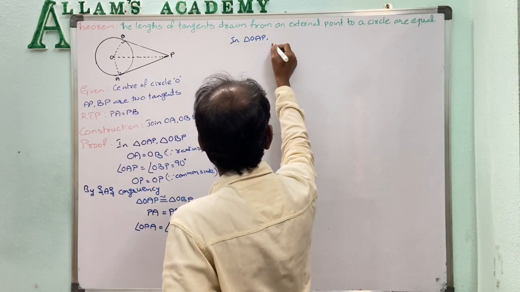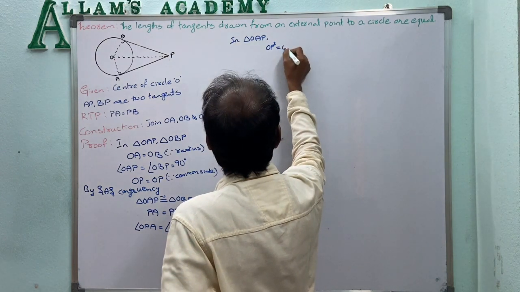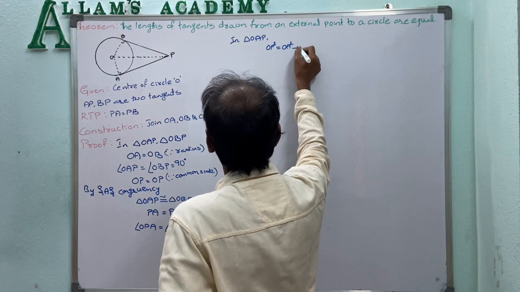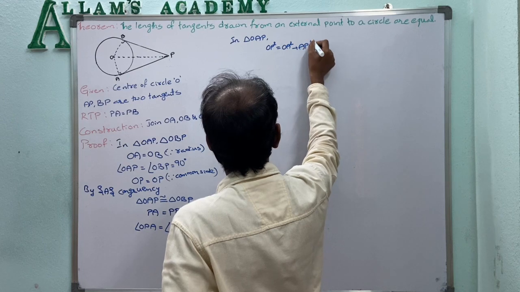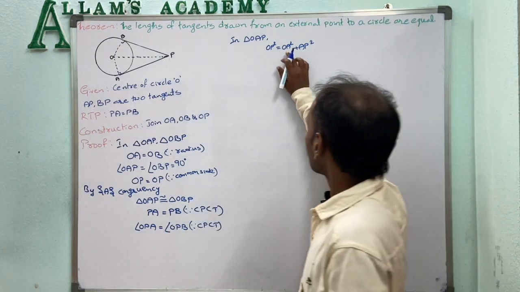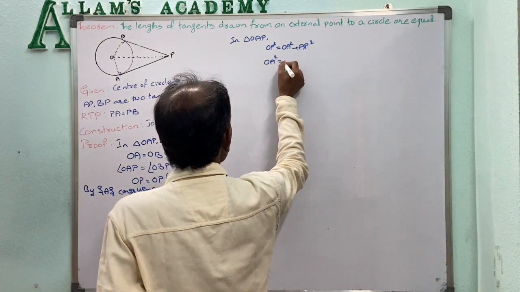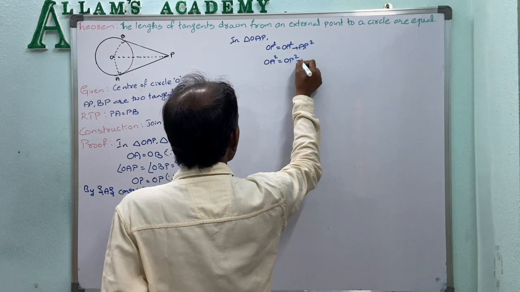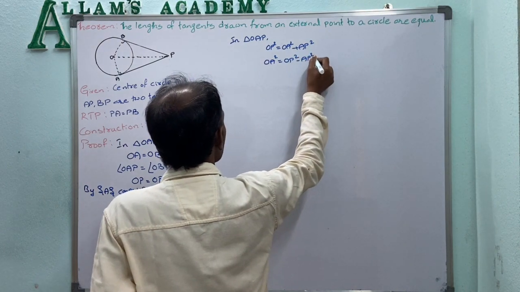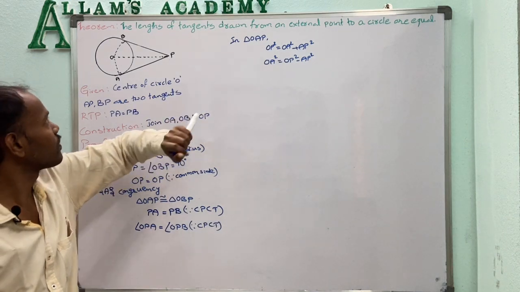So OP square equals OA square plus AP square. Now OA square equals OP square minus AP square.